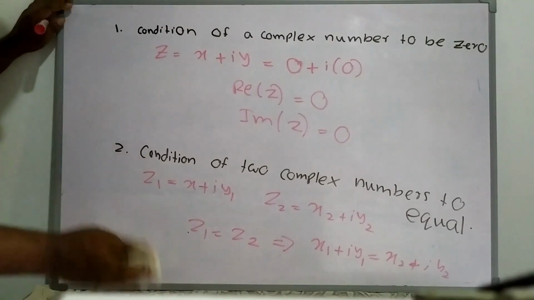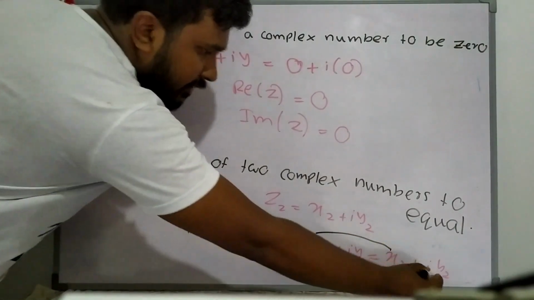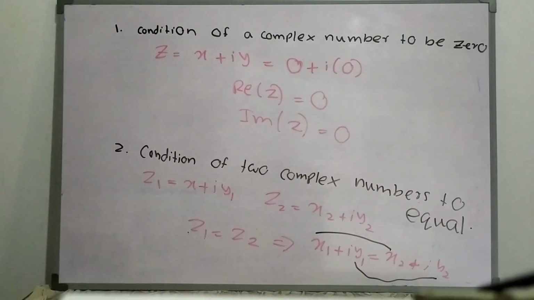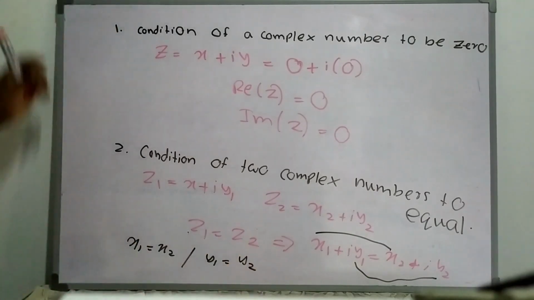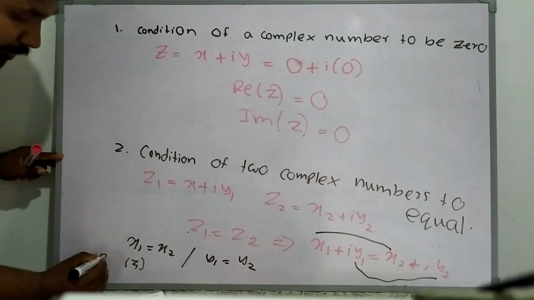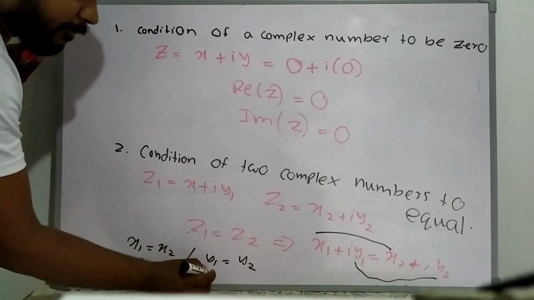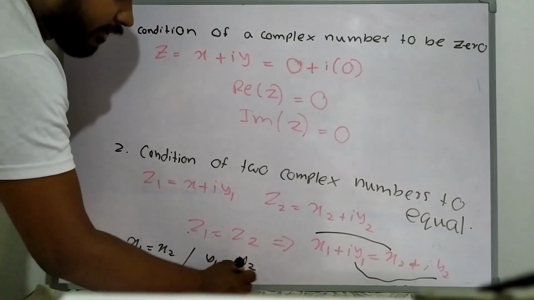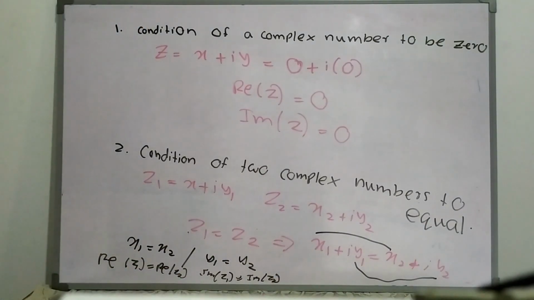So both the real part and the imaginary part are equal. So x1 should be x2, y1 should be y2. The real part of z1 should be equal to the real part of z2. The imaginary part of z1 equals the imaginary part of z2. That is the condition to be satisfied. The imaginary part and the real part should be separately equal.